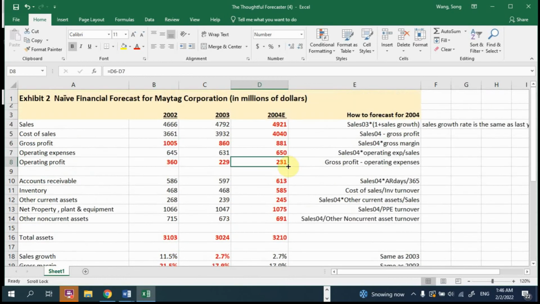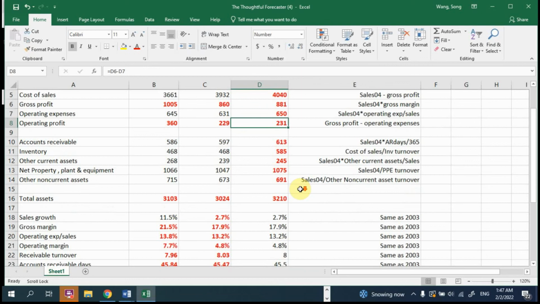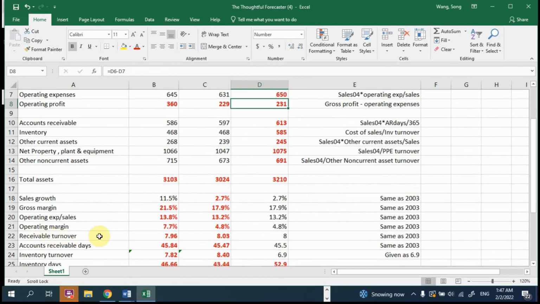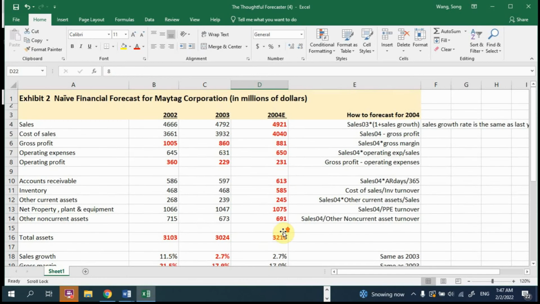And the next one is accounts receivable. Right here, we assume the accounts receivable would use the same method. You will see the receivable turnover here is 8. That's the assumption here.